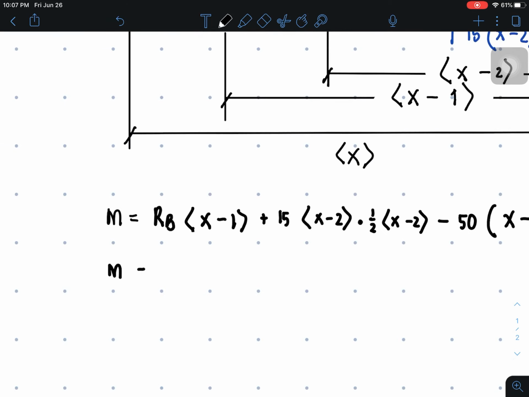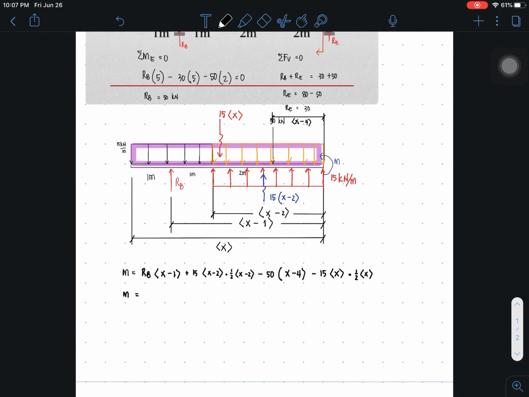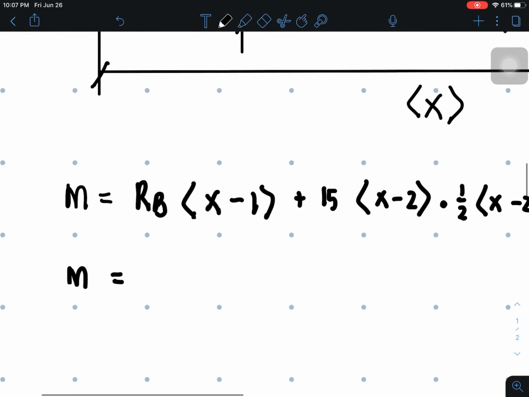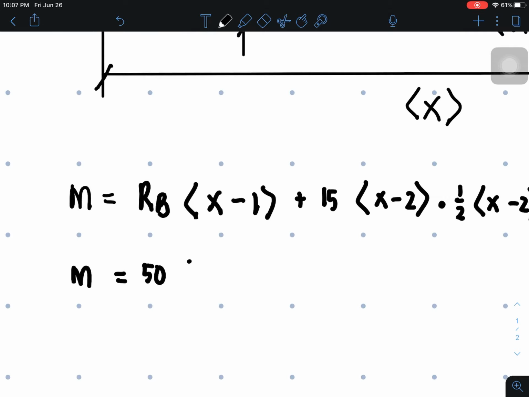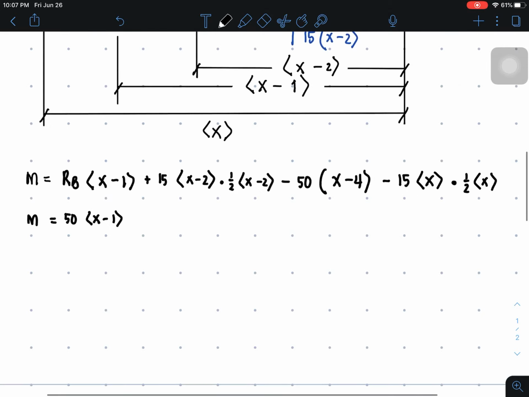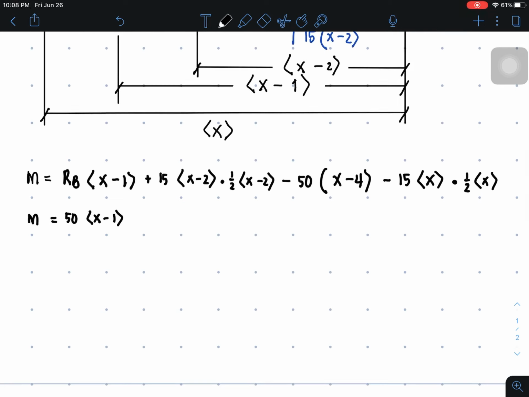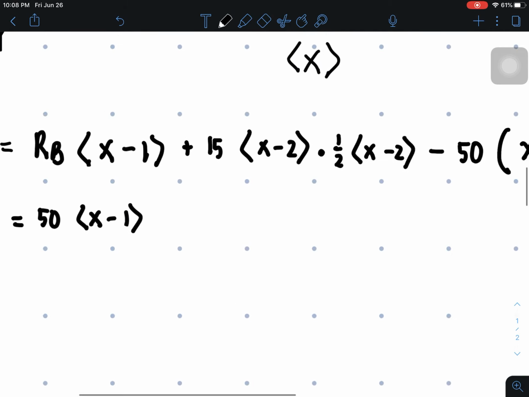Let us have M equal to, what is RB? RB is 50. So RB is 50, then this is x minus 1. Pagkahuman, this is kani 15 times x minus 2, 1/2 of x minus 2. So pwede na ako siyang himuon nga 15 over 2, then x minus 2 squared, no?